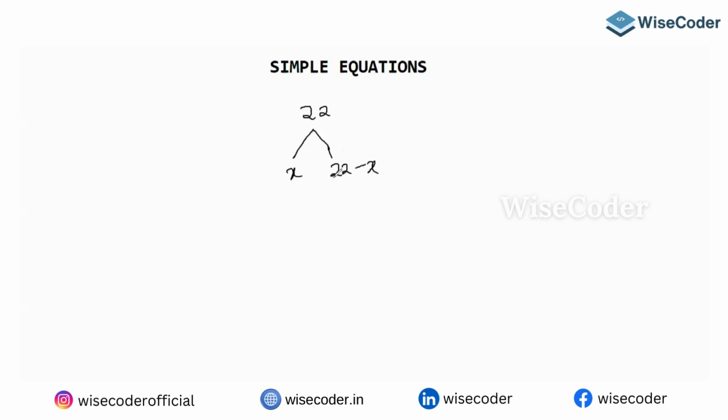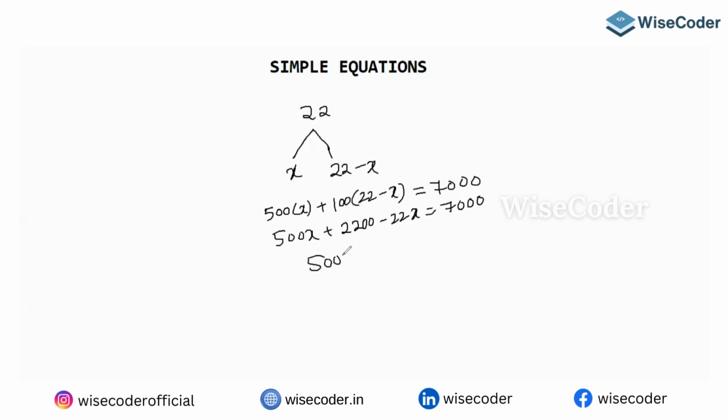The 500 notes' value is 500x, plus the remaining notes' value. Every remaining note is 100, so 100 into (22 minus x), which equals 7,000.